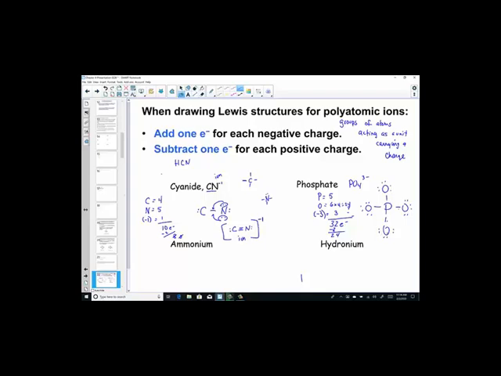So then we had enough to complete the octet. 1, 2, 3, 4, 5, 6, 7, 8, 9, 10, 11, 12, 13, 14, 15, 16, 17, 18, 19, 20, 21, 22, 23, 24 dots, leaving us 0. Then what you'll see is in a bracket and the charge outside, that's the polyatomic ion phosphate.